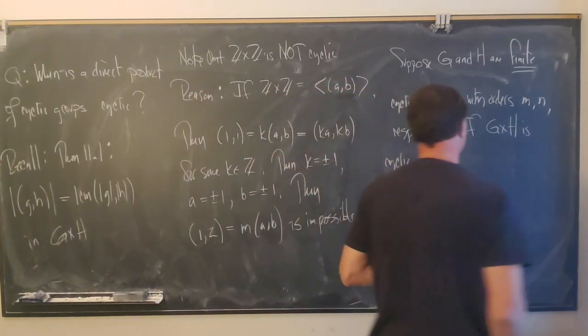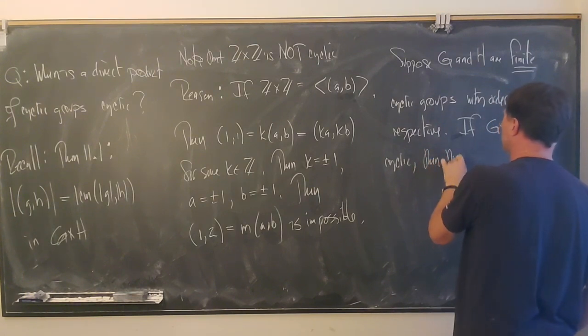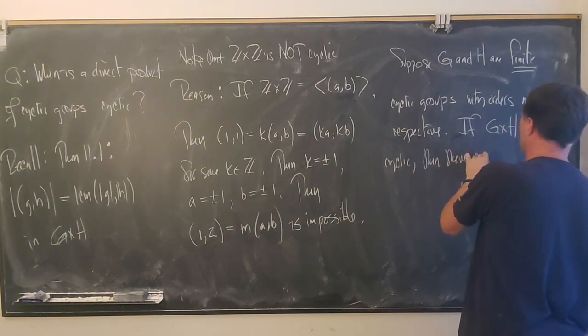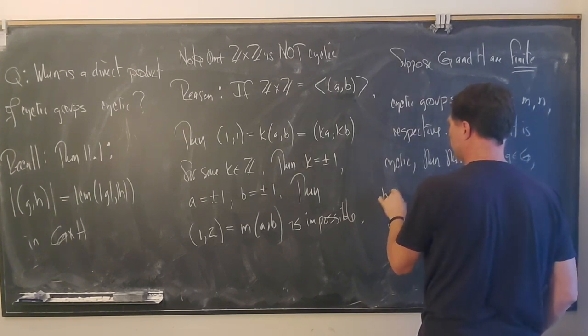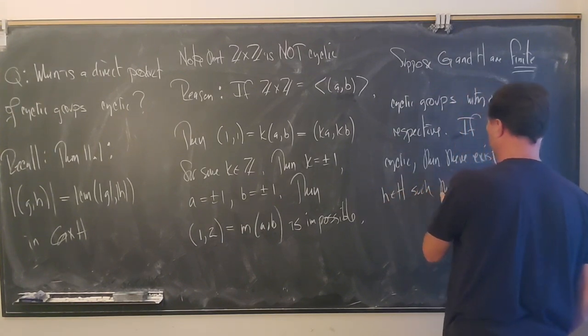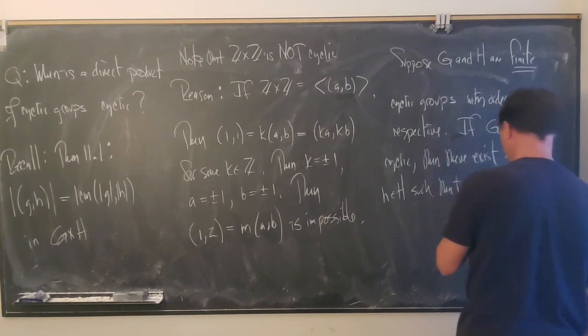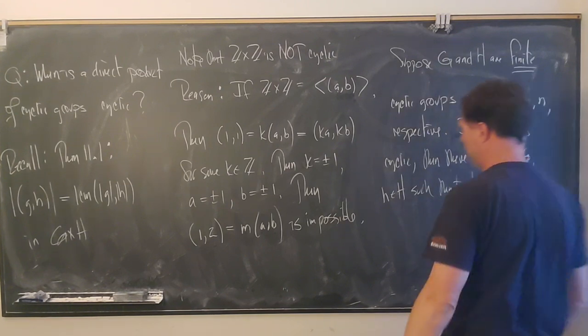So if G cross H is cyclic, then there exists little g in capital G and little h in capital H such that the order of that element, (g, h), is equal to m times n.